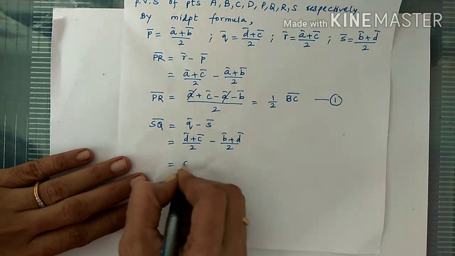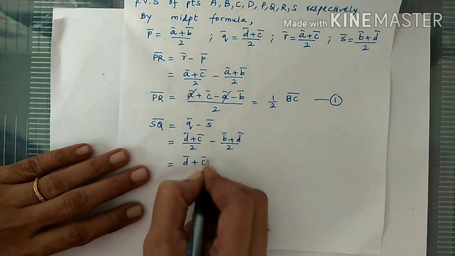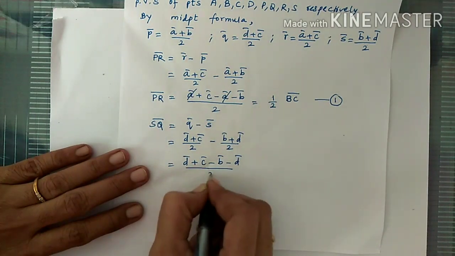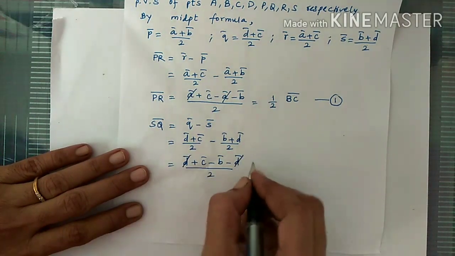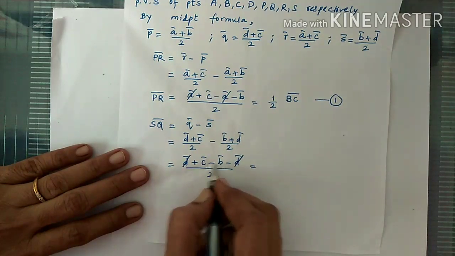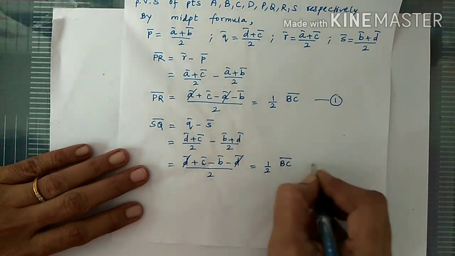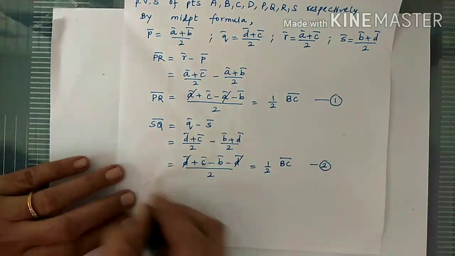So that is D bar plus C bar minus B bar minus D bar upon 2. So D bar minus D bar gets cancelled. And this is also BC bar upon 2. That means half BC bar. So let this be equation number 2.